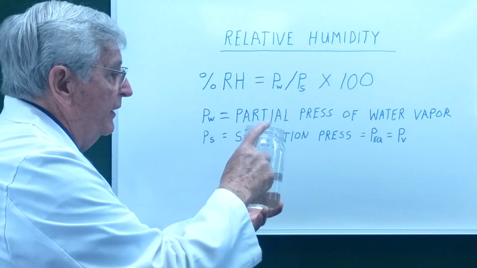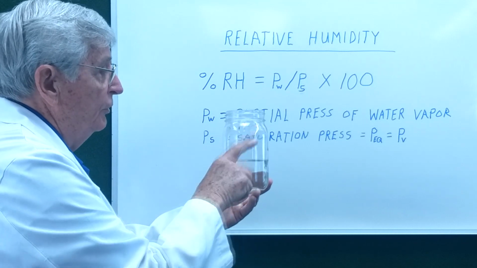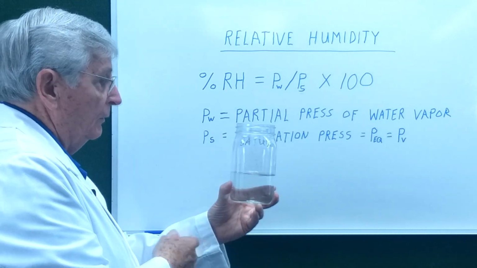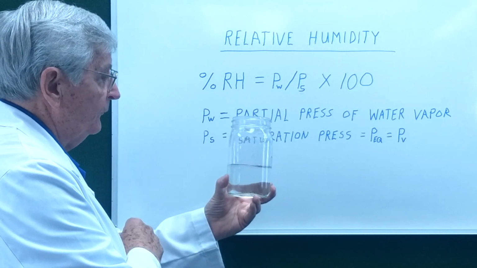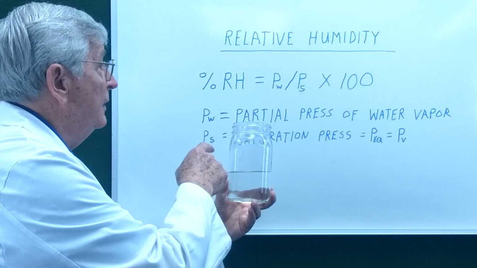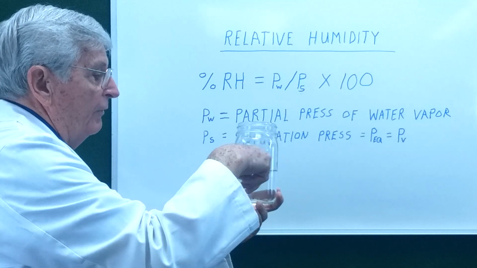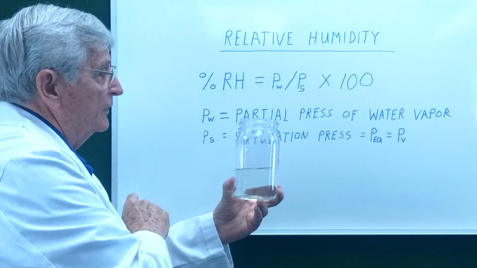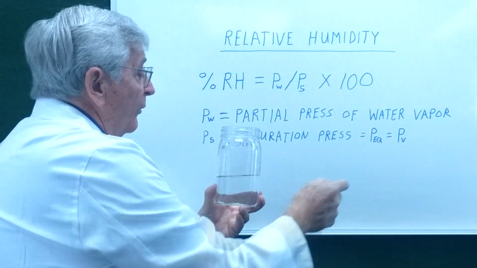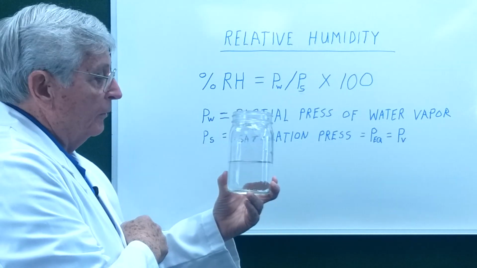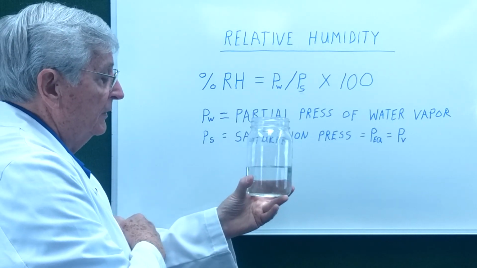Now this water here will continue to boil or evaporate as long as the partial pressure above the water is less than the vapor pressure that the water molecules can produce.